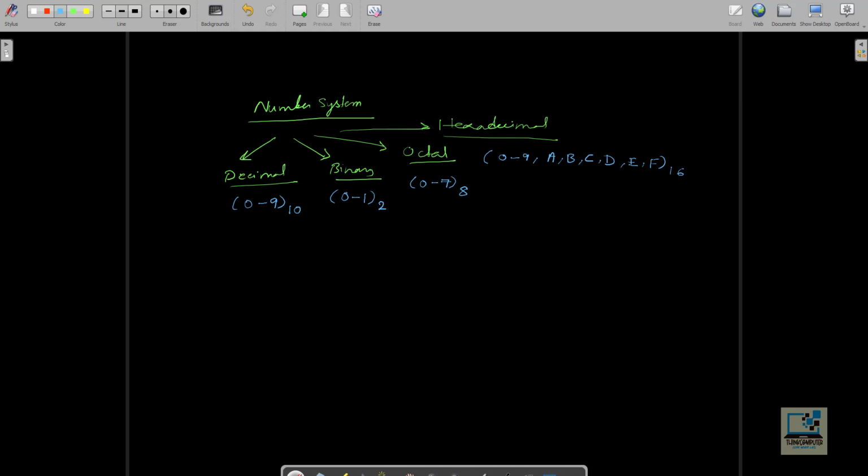For example, if instead of writing A we write 10, then 10 can be misinterpreted as 1 and 0. Similarly, B is for 11. If we write 11 in place of B, it can be misinterpreted as 1, 1, right? So that is why we have 10, 11, 12, 13, 14 and 15 represented as A, B, C, D, E, F. So we will start with the conversion, the most basic conversion, that is from decimal to binary.